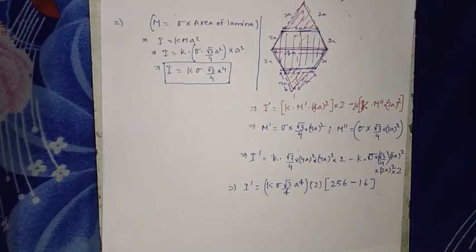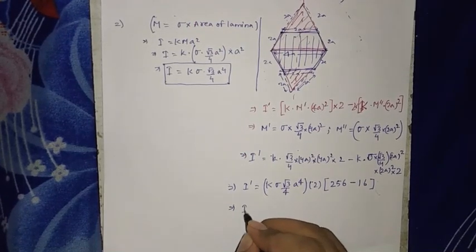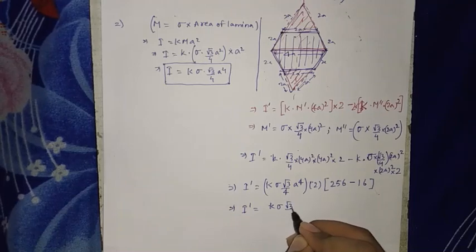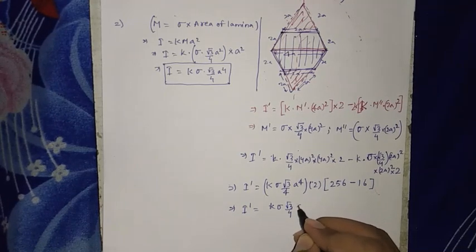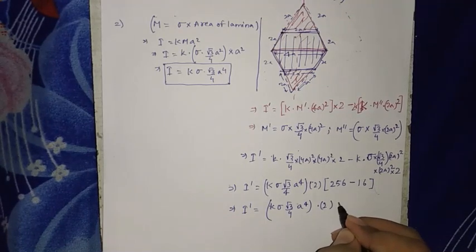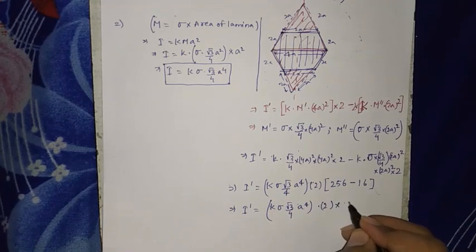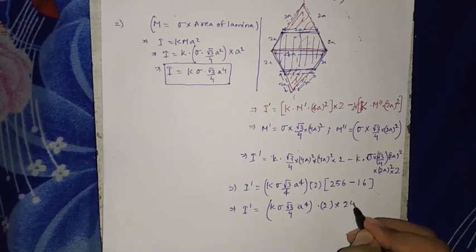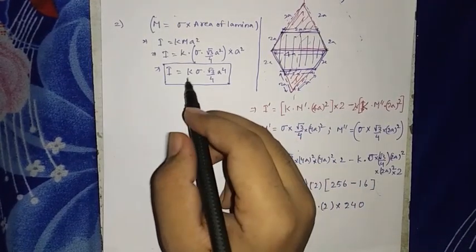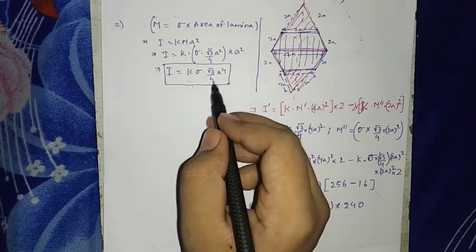So we will get I prime equals k sigma root 3 by 4 a to the power 4 into 2 into, I think this is 240, yes.